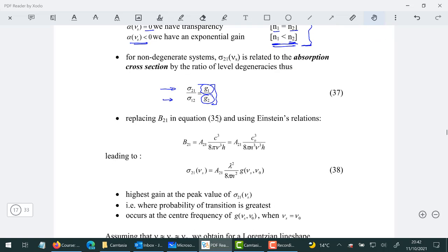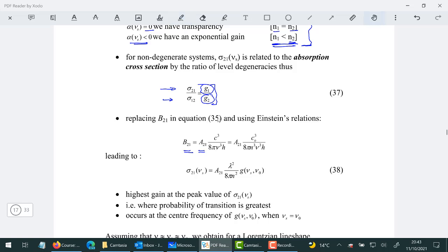So we can then look at the equations that we have. We can compare what we have found now to the results that we've already got, and we can find an expression for the Einstein B coefficient in terms of the A coefficient. The A coefficient is something we can measure.